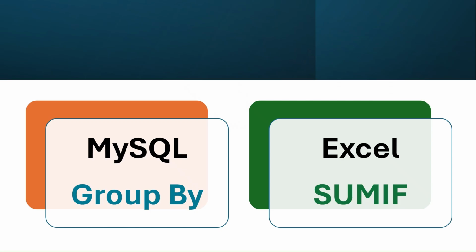So we go to the next one, which is group by in MySQL and SUMIF in Excel. One of MySQL's most powerful tools is group by, letting you aggregate data across categories like region and some other things, which is Excel's version of SUMIF.